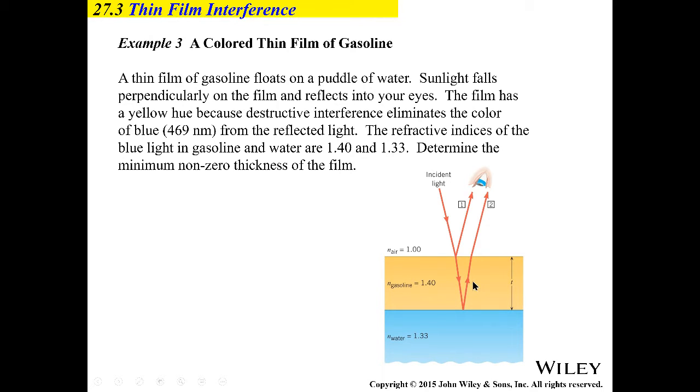And before we quit, let me just mention that this is less dense to this. So was there a 180-degree phase change here by the rule? Yeah, right? So there was a 180-degree phase change. But now, when it came down here, was there a 180-degree phase change here?